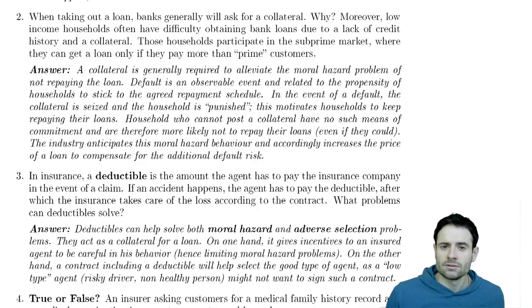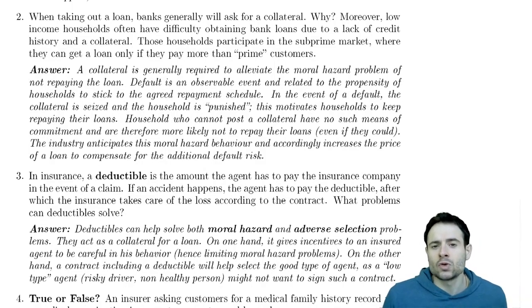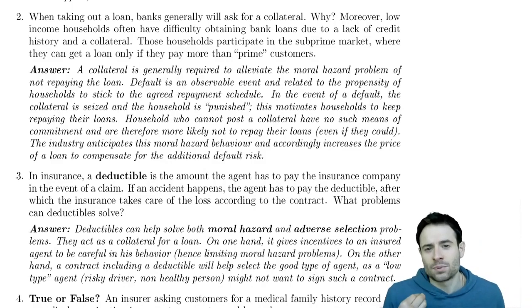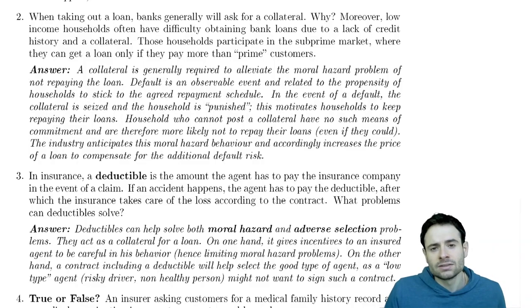On one hand, the deductible is a way to screen consumers, to screen customers, because the ones who have this private information about themselves and know that they are at risk, know that the probability of an accident or of a bad event happening is high, they know that they will have to pay a deductible in this case.